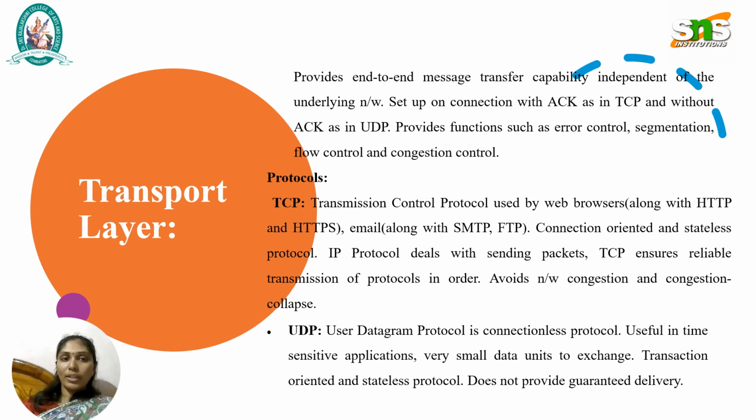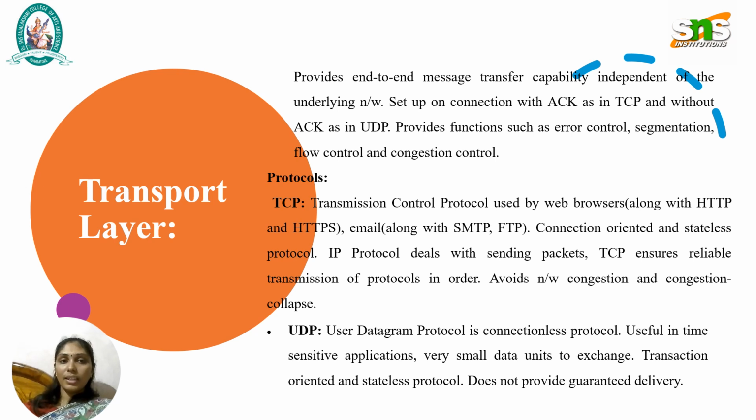The transport layer provides end-to-end message transfer capabilities independent of the underlying networks. It sets up connections with acknowledgment as in TCP and without acknowledgment as in UDP. It provides functions such as error control, segmentation, flow control and congestion control.